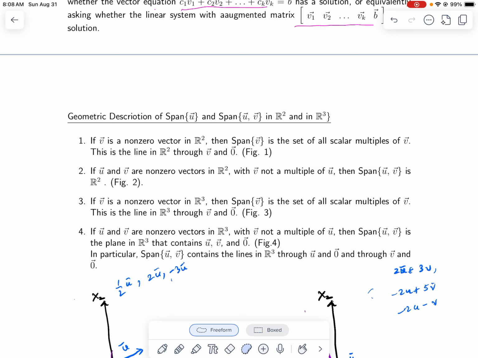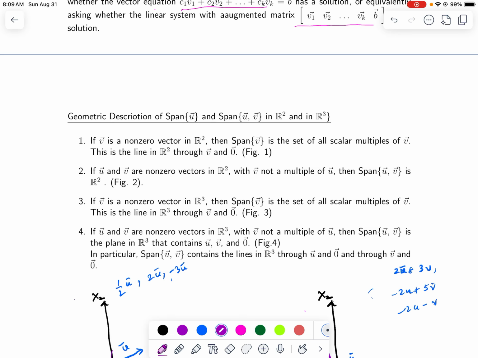So if we are in R2 and we have a vector u, then the span of u is the set of all scalar multiples of u. This will give us a line in R2 through the vector u and through the vector 0.